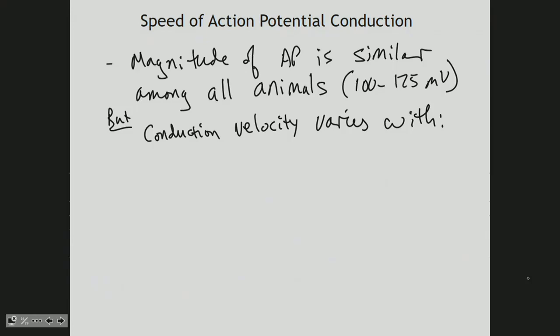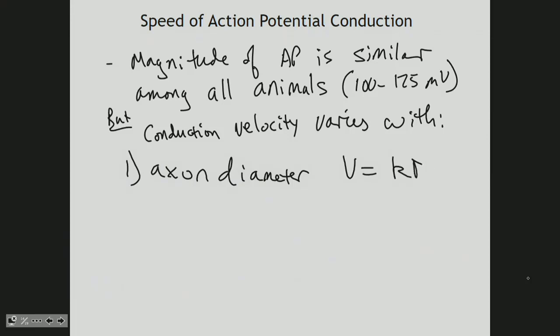But what's very, very different among animals are conduction velocities, so how fast the signal is being sent along a neuron. And there are various things that can affect that, first and foremost the axon diameter. There are two relationships that we want to think about.